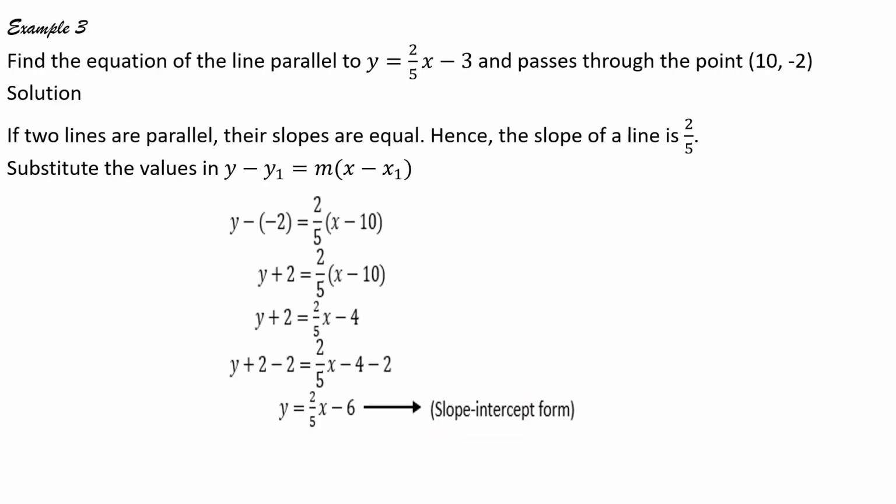Okay, so let's proceed to our example number 3. Find the equation of a line parallel to y equals 2/5 x minus 3 and passes through the point (10, negative 2). So for the solution, take note that if two lines are parallel, their slopes are equal. So you take note of this. So what do we mean when we say parallel lines?